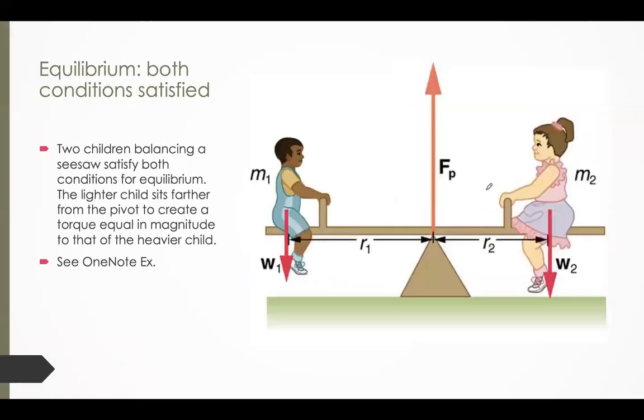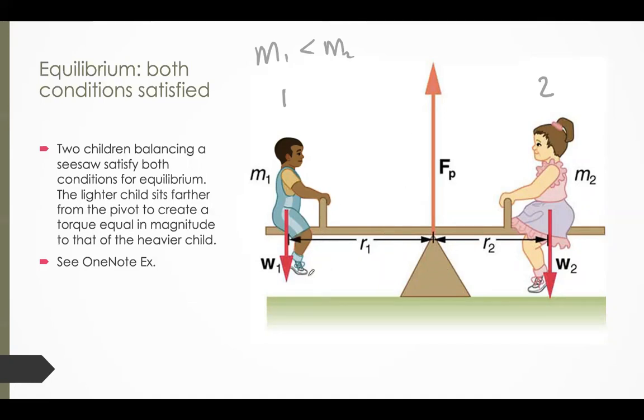So let's go ahead and move on to talking about equilibrium, where both conditions are satisfied. This is an example that the textbook has, and we have two kids, kid 1 and kid 2. This one has a mass M1 that is less than the mass of the second kid, M2. For them to sit on this seesaw and not be moving, they have to sit at a certain point.